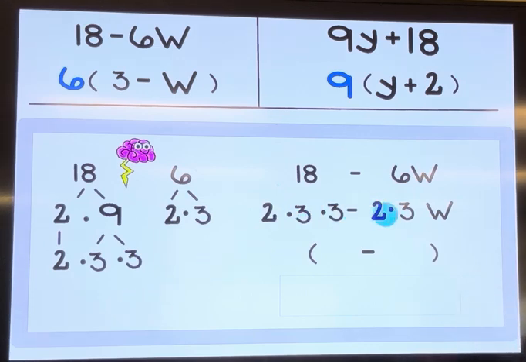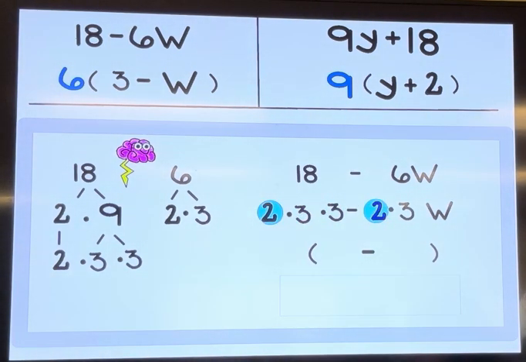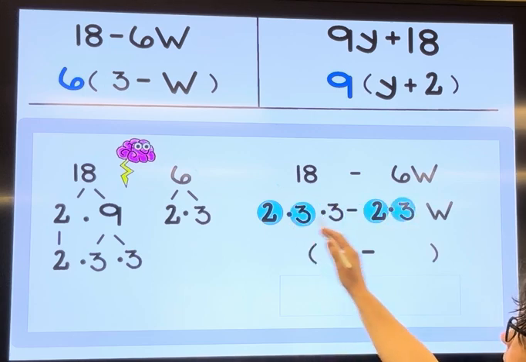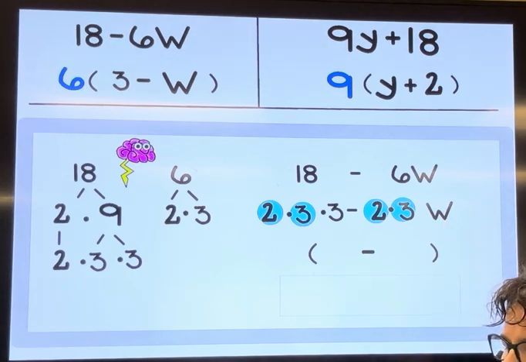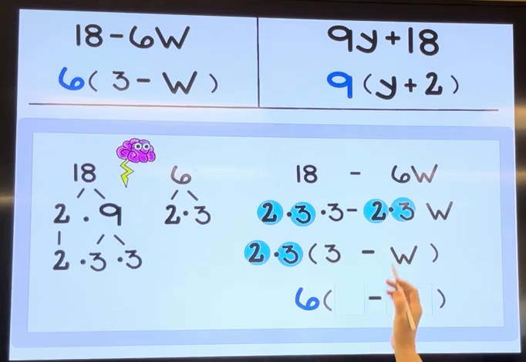So notice before and after the minus sign, I have a 2 in common, and I also have a 3 in common. There's nothing else in common to both, so what I'm taking out front is the 2 times 3, and what's left over is this 3 and this w. And so my final answer then, 2 times 3 is 6, and then I have 3 minus w.